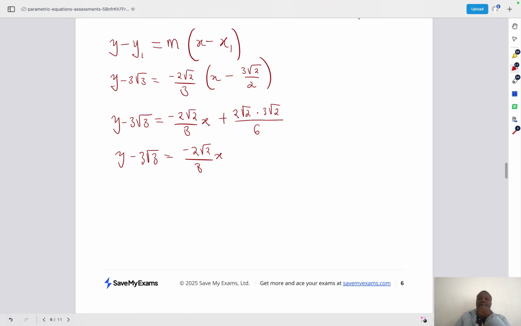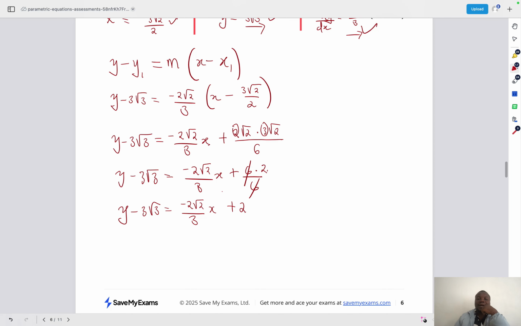But then 3 times 3 gives me 6. So I've got plus 6. Then square root of 2 times square root of 2 is simply 2, over 6 as well. You can punch this on your calculator to see how it simplifies. So I already know that 6 and 6 would divide to leave me with 2 here. I've got y minus 3 root 3 equals negative 2 root 2 over 3x plus 2.